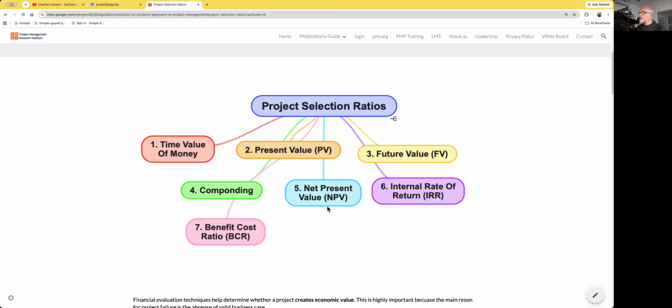And net present value is one of the project selection ratios. What we do is we'll do the cash flow analysis of the project. We know the initial investment, we know the future cash flows, and we convert all the future cash flows into present value terms, and we subtract that from the initial investment. If that is a positive number, the project has a business case.